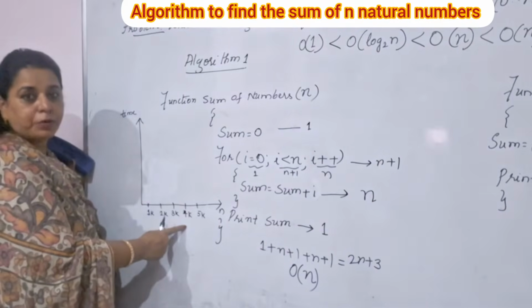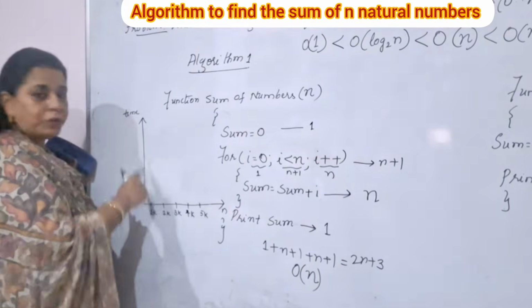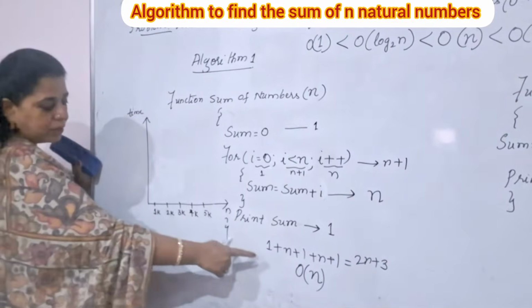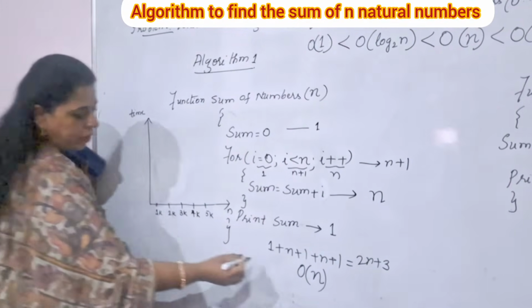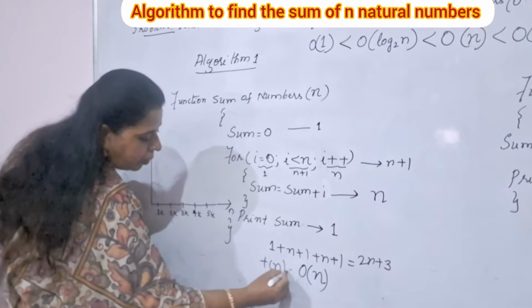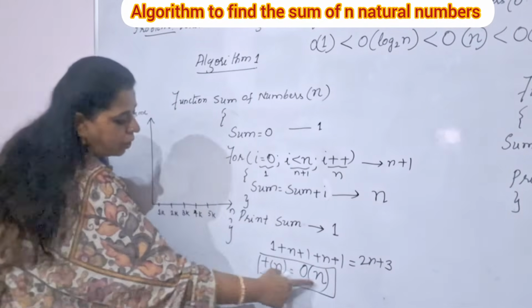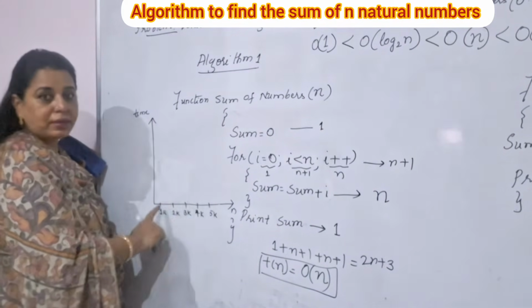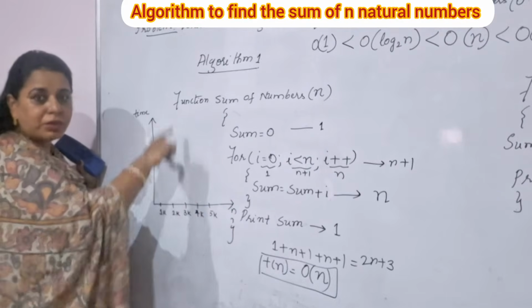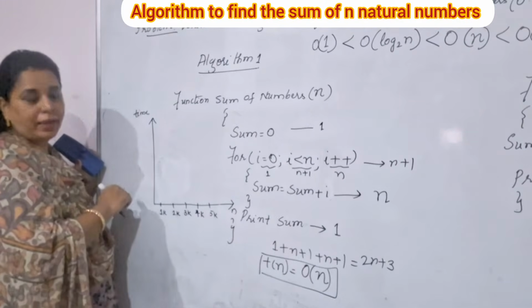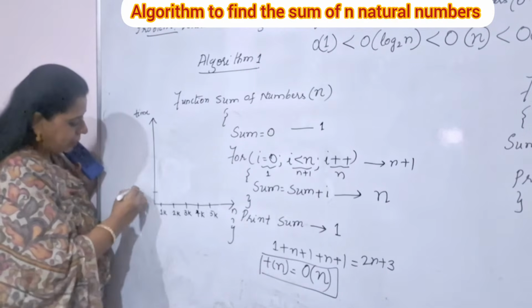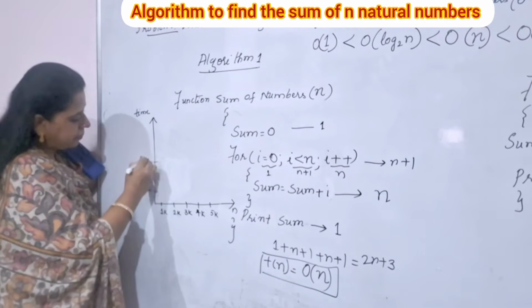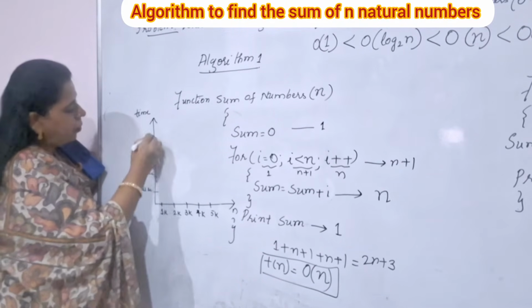When you increase the input size of this algorithm, proportionally the time to complete its execution will also increase, because it is a linear function. The time complexity of the algorithm is order of n. As the values on the x-axis increase, proportionally the values on the y-axis will also increase. I am taking some values on the time axis: 1 microsecond, 2 microseconds, 3 microseconds, 4 microseconds, 5 microseconds.